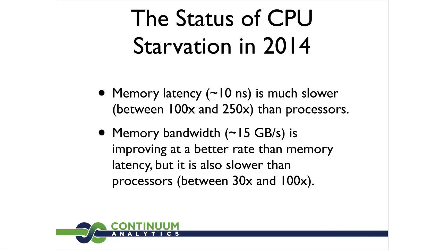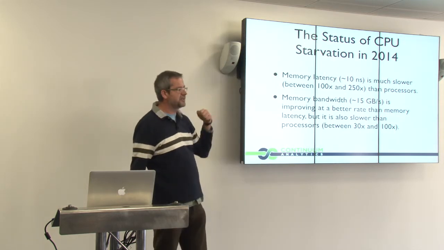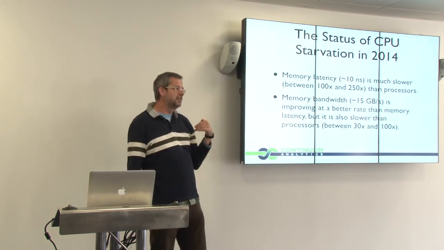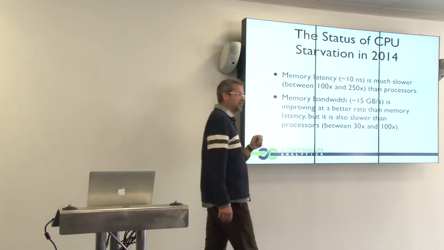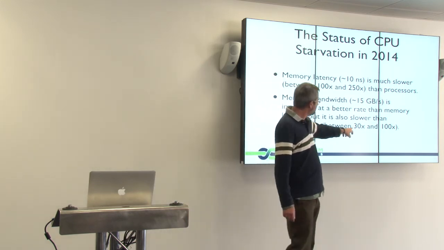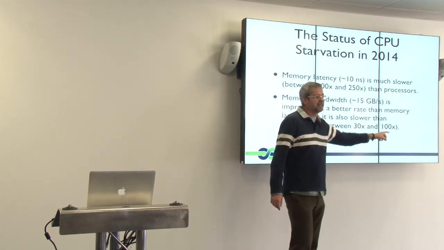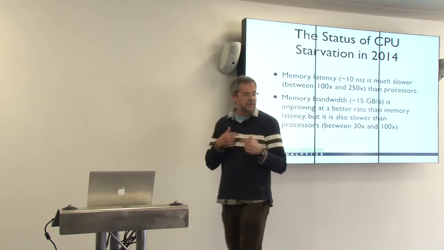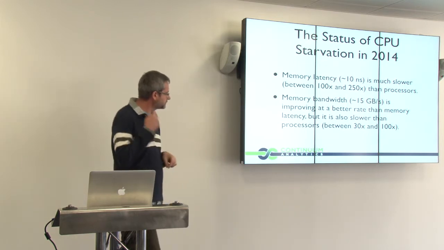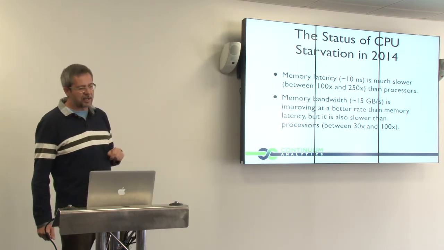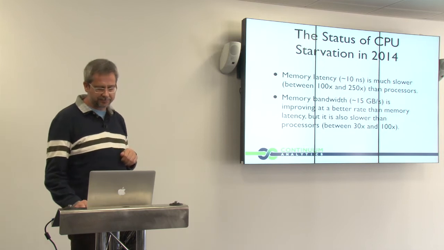It's improving at a better rate than latency, but it is still slower than the processors, by a factor of between 30 and 100. So even if memcpy is bringing data at the full speed of the memory buses, the CPU could do 30 or 100 times more things with the data, or has to wait a lot while the data is arriving.